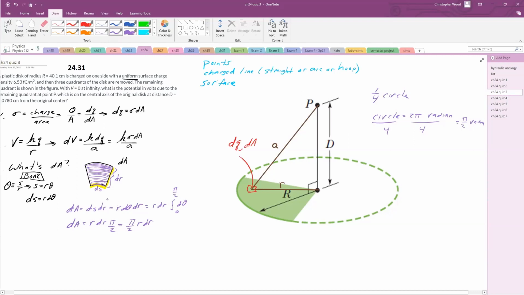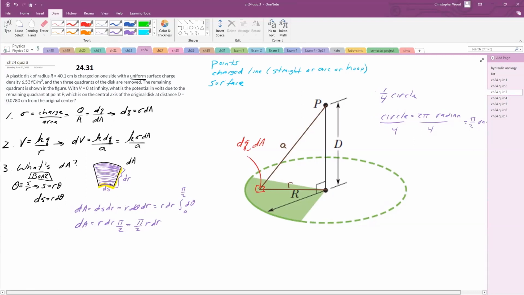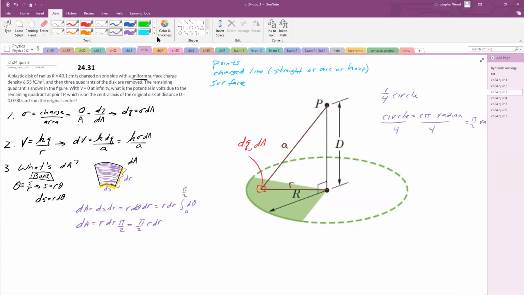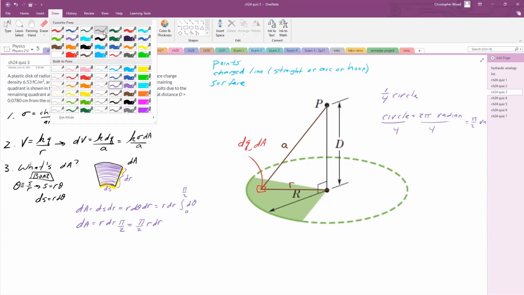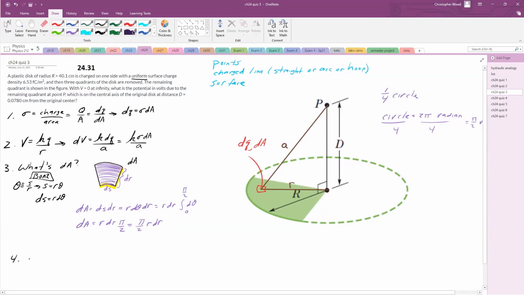Now I've done a lot of this heavy work to specify that little surface patch, and it's time to proceed. This should go quickly now. Number 4, the voltage at point P is going to equal K. I'm looking at number 2 again.